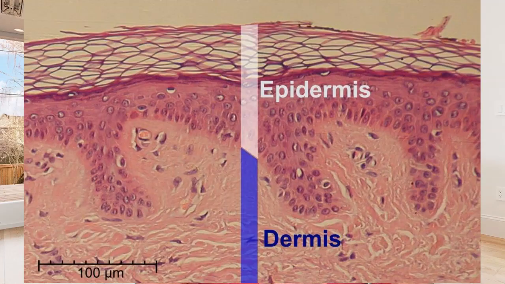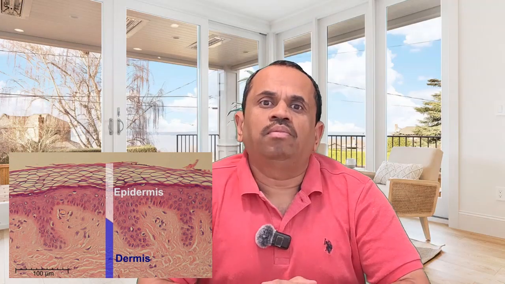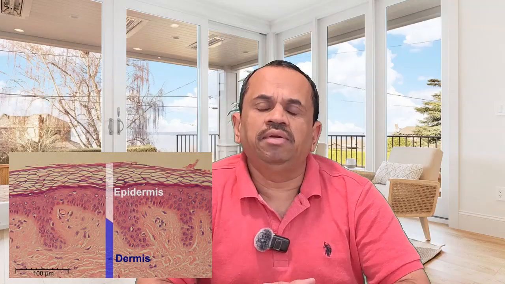So, for cure and management of psoriasis, we have to know the detailed anatomy, the detailed structure of our skin. Our skin is a wonderful organ which protects our body from microorganisms, pathogens, and any invasions, as well as from loss of water from our body.